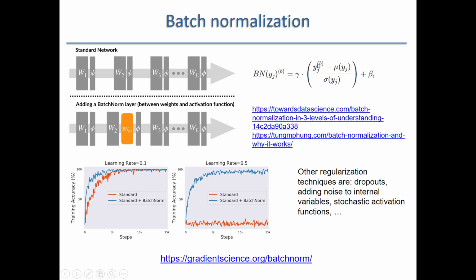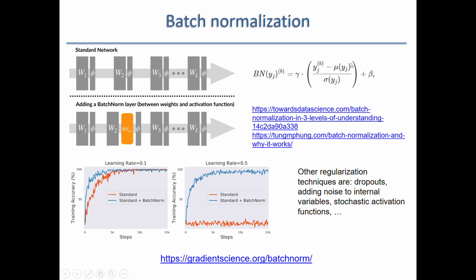And then for the batch, you can think of this as: you have an input, this input propagates, and at this point you have a vector y, and you look at the jth component. But you normally work in batches. So here you don't have only one vector, but you have, let's say, 64 vectors. These 64 vectors, you look at the component j, and then what you are doing here is a standardization.